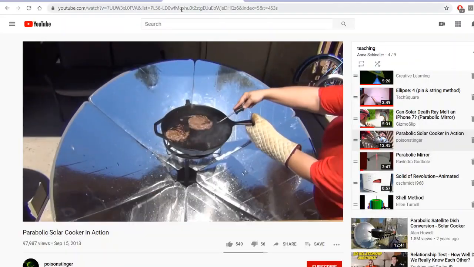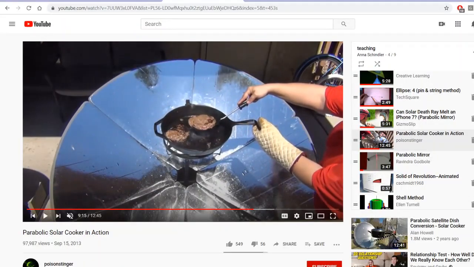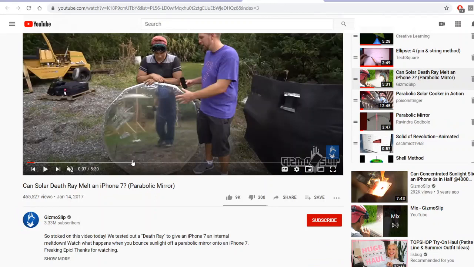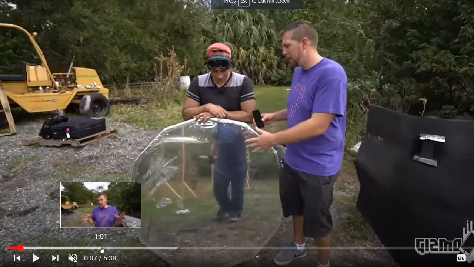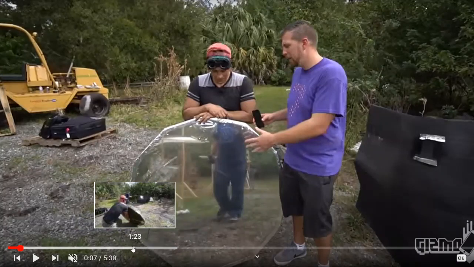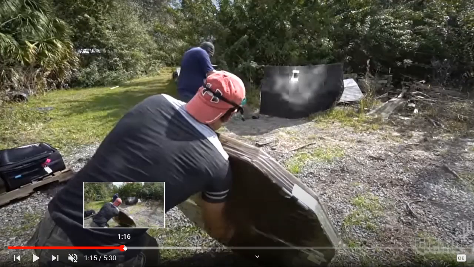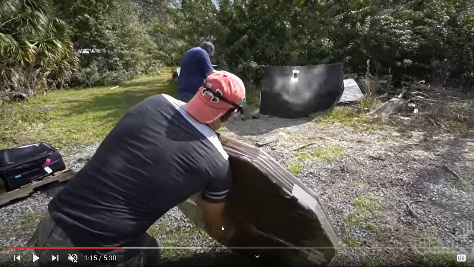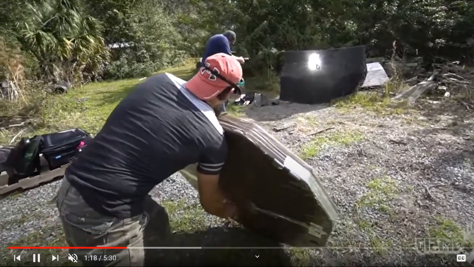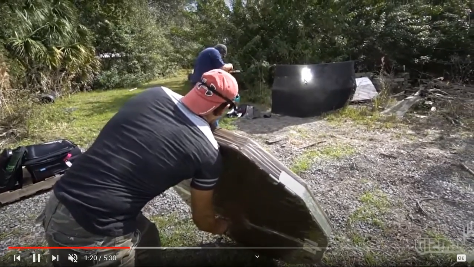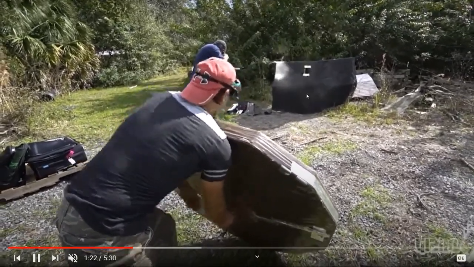So one more example, kind of similar, although I feel like this video is a little bit less cool. It sounded like it was going to be really cool, but it's not as cool, I thought. But this is, again, a parabolic mirror, and basically they're going to use it to melt an iPhone. So I'll just show you the setup, and then I'll zoom forward because it's not as interesting as you'd think. So here they have the mirror set up, and they're focusing the light onto this phone.